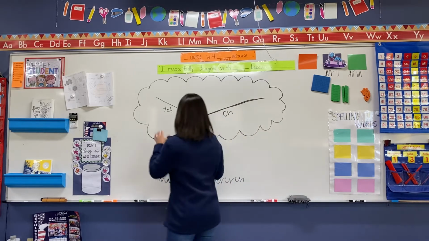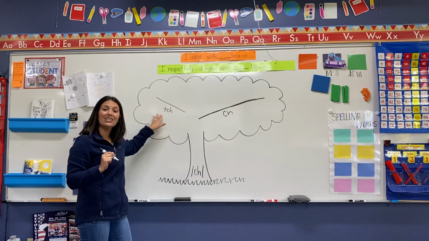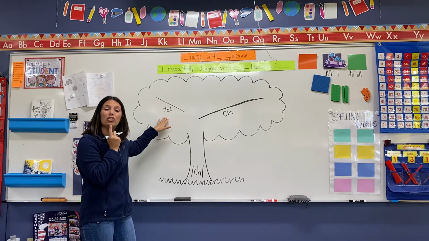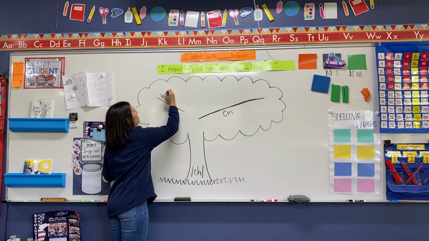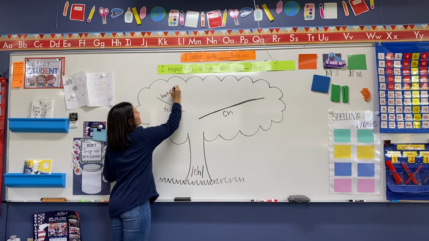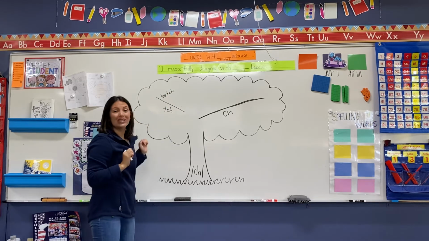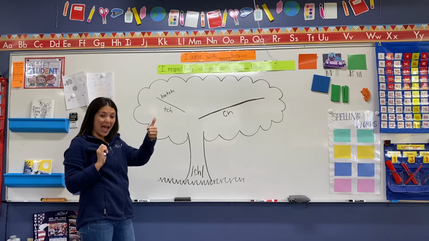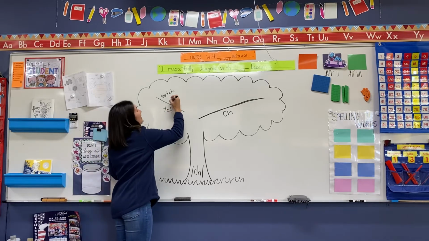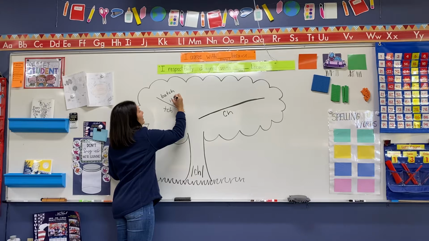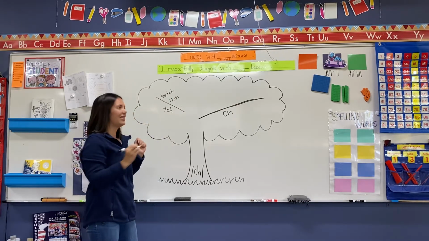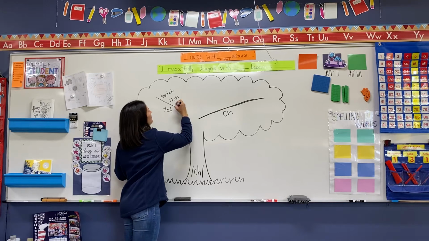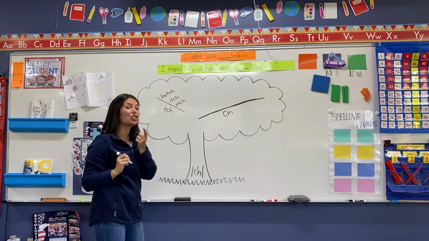So let's think of some words that have the TCH for the sound ch. Batch. You see there's that short vowel. Batch, itch, etch.